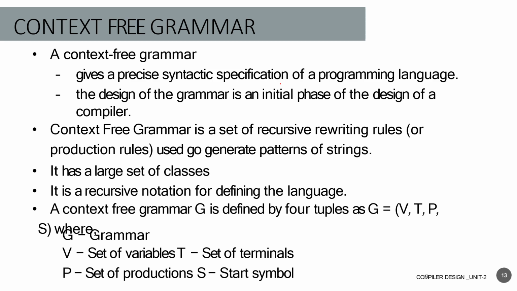Next, what is context-free grammar? Context-free grammar, as I told in the previous slides, gives a precise syntactic specification of a programming language. The design of a grammar is an initial phase of the design of the compiler.